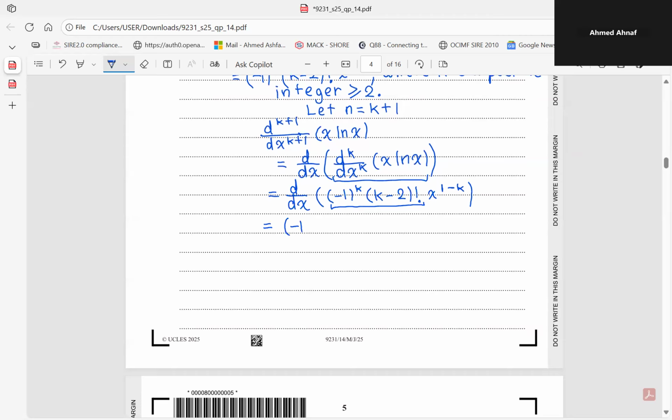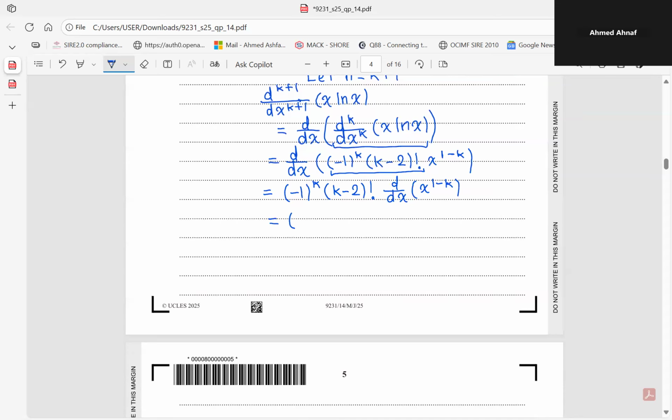So this would just be (1-k) times (-1)^k times (k-2)!, and we're just going to differentiate x to the power of 1 minus k. To do that, we're just going to use our power rule: take your initial power, 1 minus k, and then we minus 1 from the initial power, so you'll just get minus k.